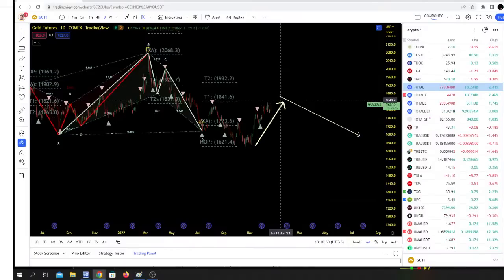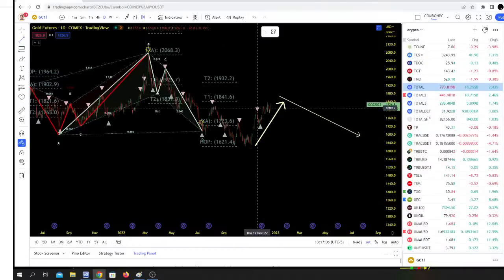Last time we talked about this, I mentioned that December, especially the last 2 weeks, is seasonally pretty good for gold, and then it starts to roll over. Maybe that's a Christmas holiday thing. I don't know. But 1841 is our target 1.